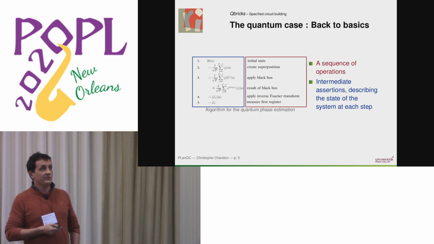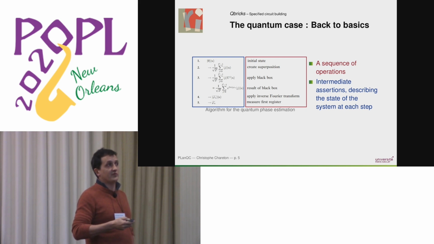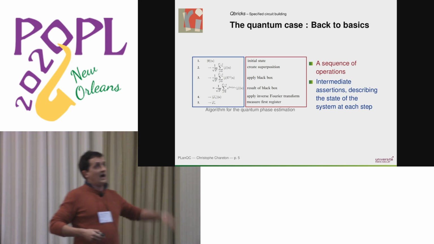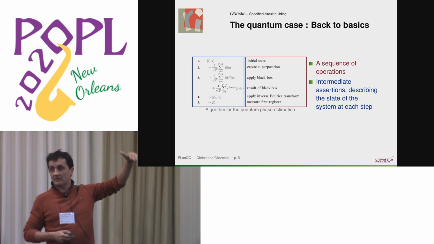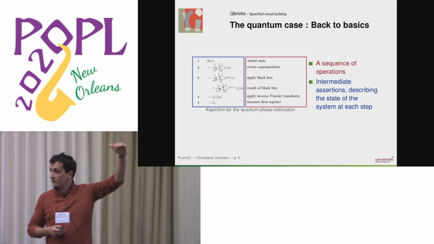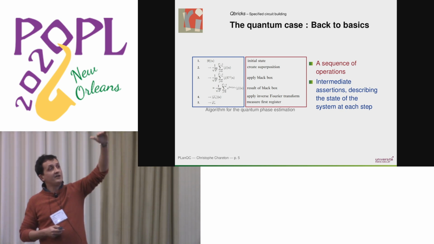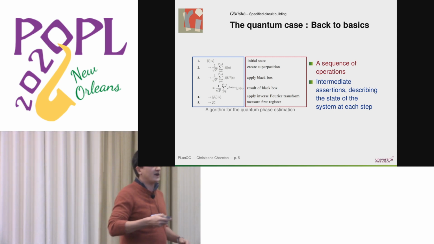So we have two columns. On the right-hand side, there is a sequence of operations that are declared: initialize the state, create superposition, apply black box, and so on. And in parallel, on the left-hand side, we have a series of intermediate assertions, which are formal descriptions of the state of the system and of its evolution along the performance of the operations that are on the right.